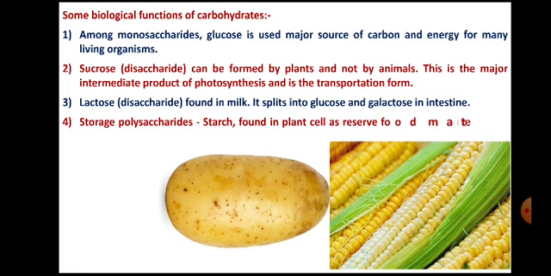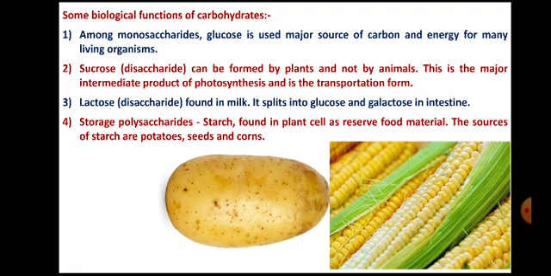There are some examples of polysaccharides which act as storage polysaccharides, for example starch. Starch is found in plant cells, and the energy and carbon are stored in the form of starch in plant cells. Therefore, we call it reserve food material.